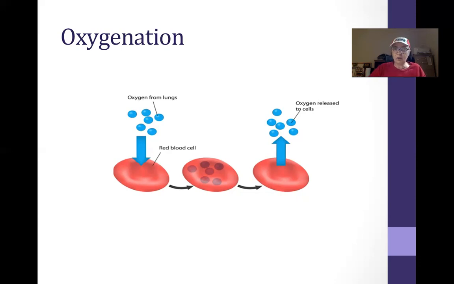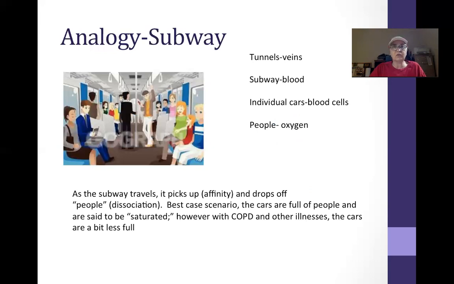I'll use this analogy first, and then I'll get onto some terms. Think of the analogy as a subway, and if you've never been on a subway, it's a train. Think of the tunnels that the train is going in, or the track, as your veins.